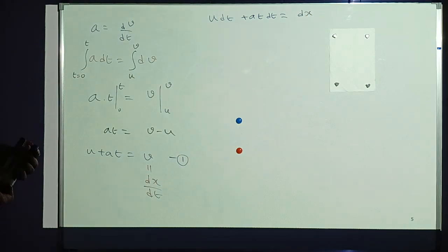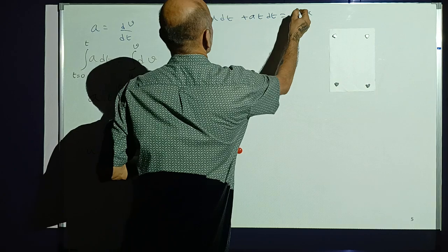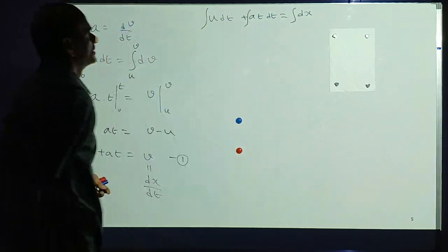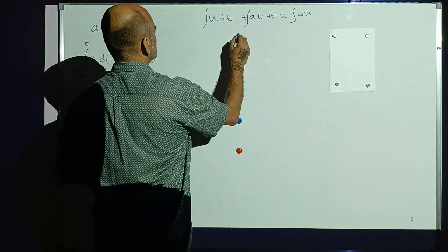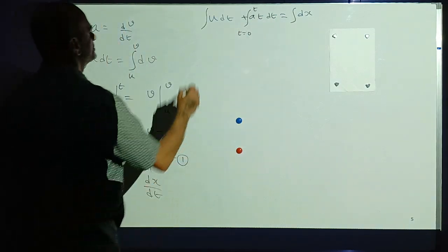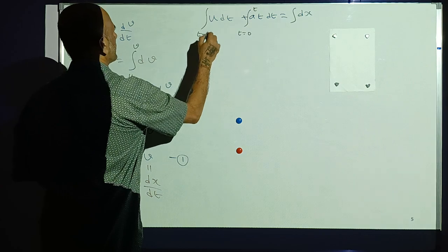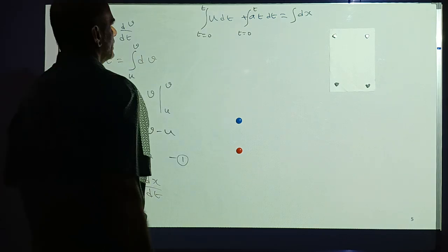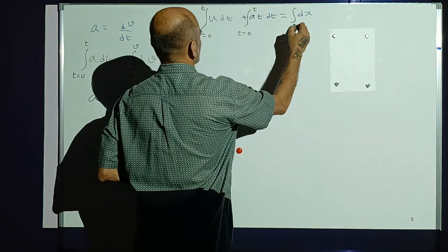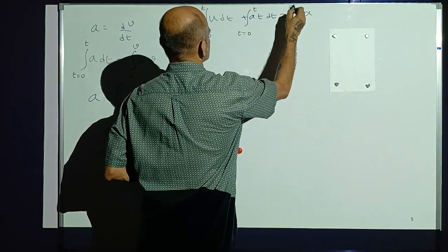Now integrate both sides. This will become term by term integration. Say from initial time t equal to 0 to some arbitrary time, and when initial time t equal to 0, let the displacement be x0, and let the displacement be x at any arbitrary time.